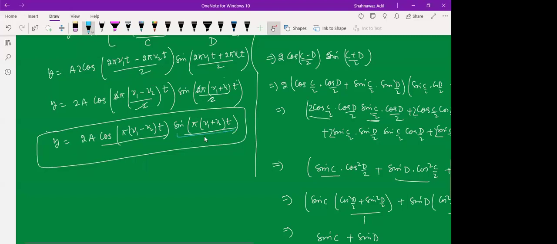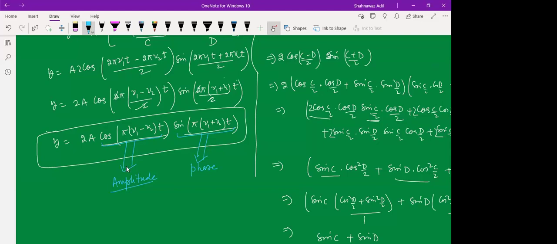This part is the phase part. This contributes in phase, and this part contributes in amplitude. So this is where our nodes, anti-nodes, and the minima, maxima, and all those things come from.